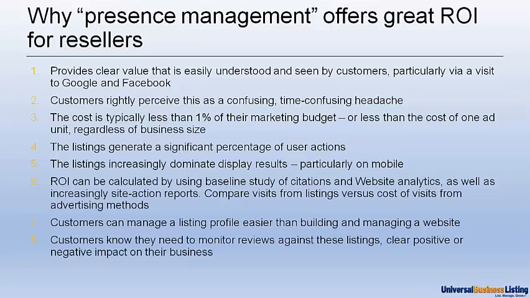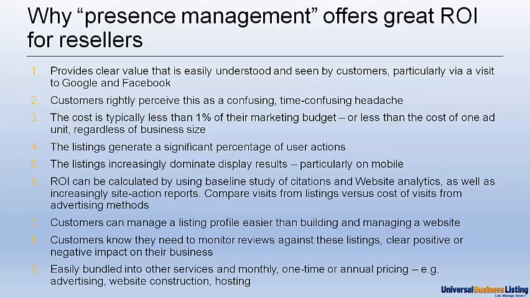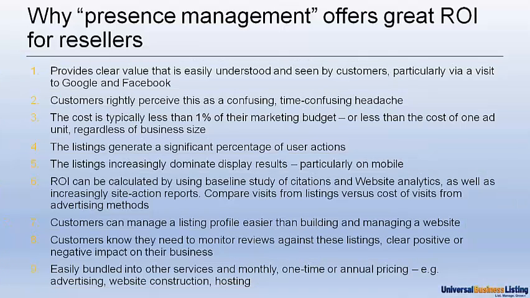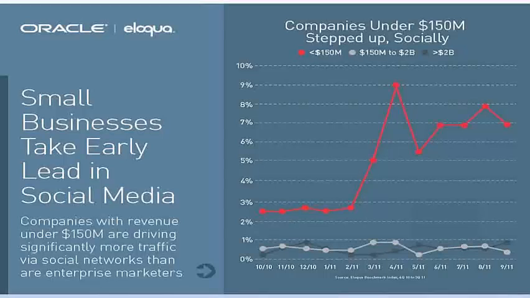Customers also know that they need to monitor reviews against these listings, which has a clear positive or negative impact on their business. And finally, these services are easily bundled into other services on a monthly, one-time or annual pricing basis. Whether you're doing advertising or website construction or hosting, one can easily do that.